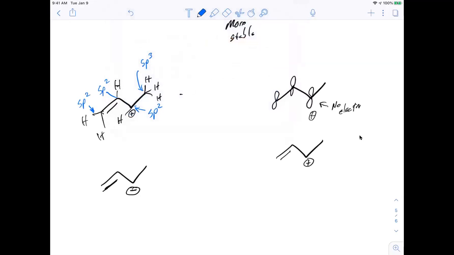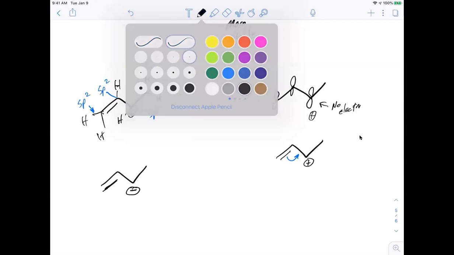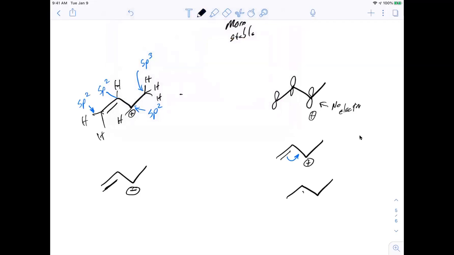Move our electrons towards a positive or away from a positive? Towards, right? Positive is a low electron density, so we move from high to low. So we're going to move that there. If I move that there, what happens with my electrons? Well, now I've got a double bond there, and I got the positive there. So these two are the resonance structures.